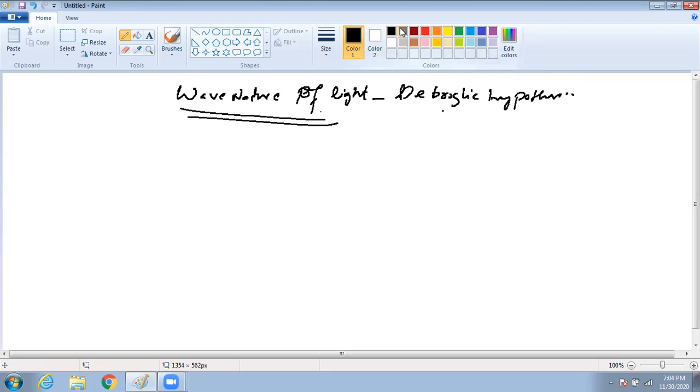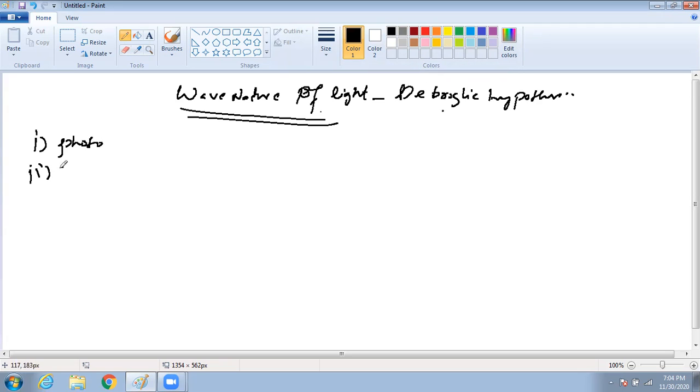So after the photoelectric effect, it was well known that radiation has dual nature. Everybody knew that light behaves as both particle and wave, and the particle nature had three experiments. One is the photoelectric effect, which we studied, and in your syllabus you have the photoelectric effect only.